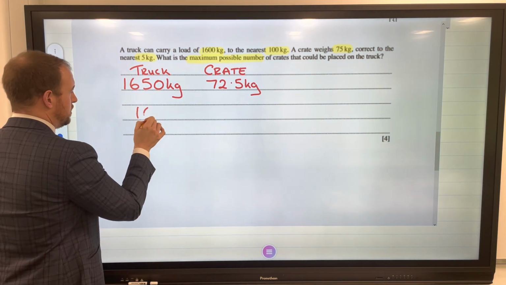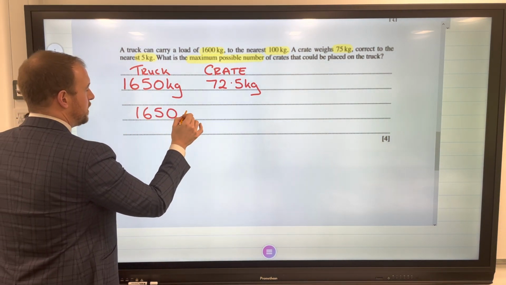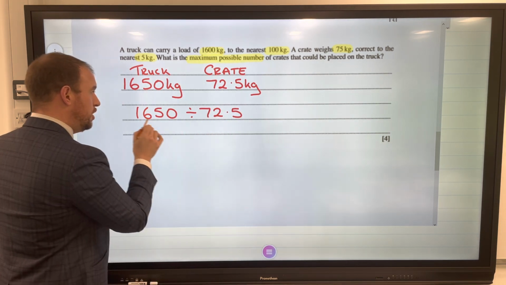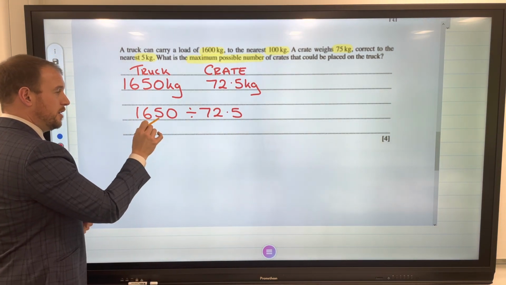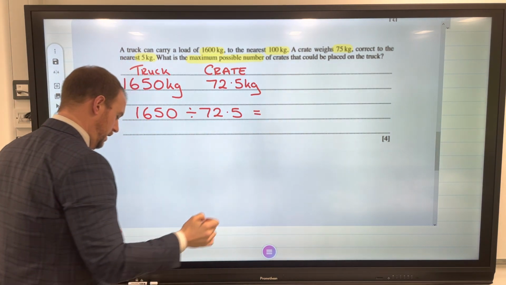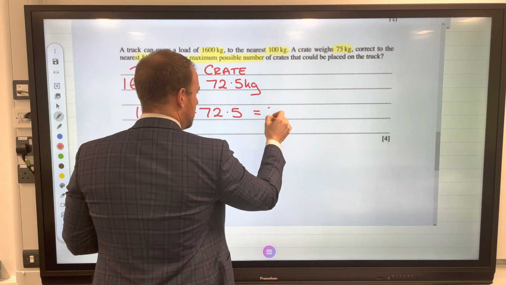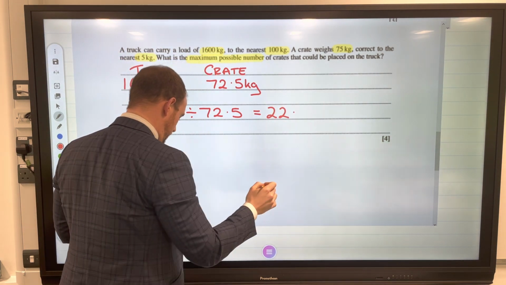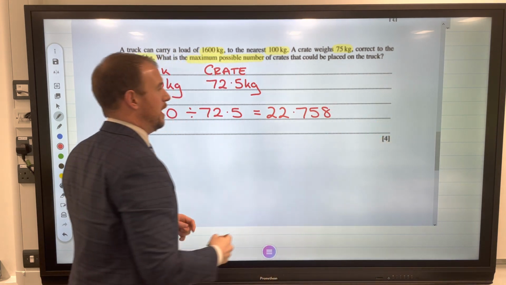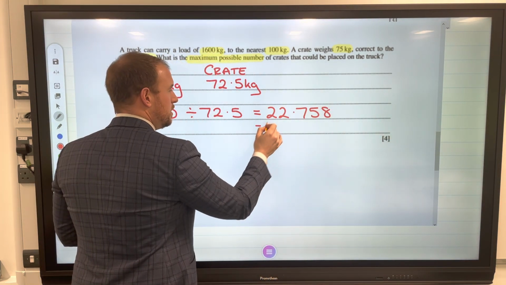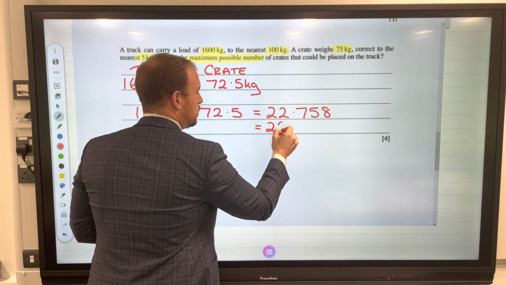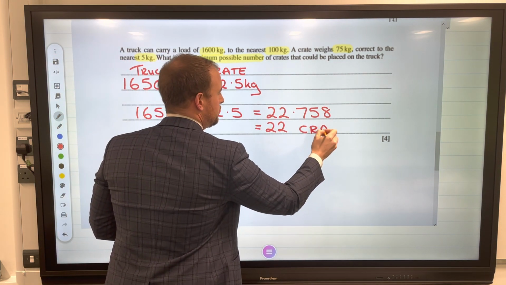We have 1,650 divided by 72.5, so the possible weight on the truck divided by the weight of each crate equals, I've got it down here, obviously you can use a calculator, 22.758 and so on. However, you can't get 0.7 of a crate, so therefore it would be 22 crates.